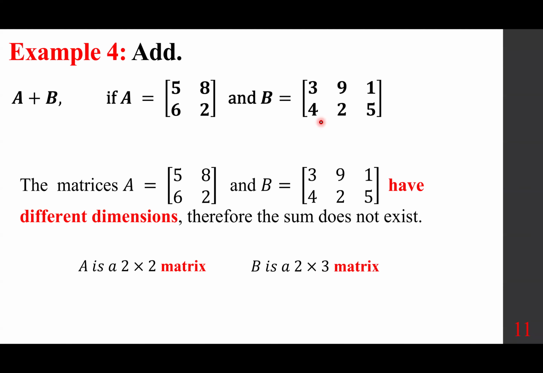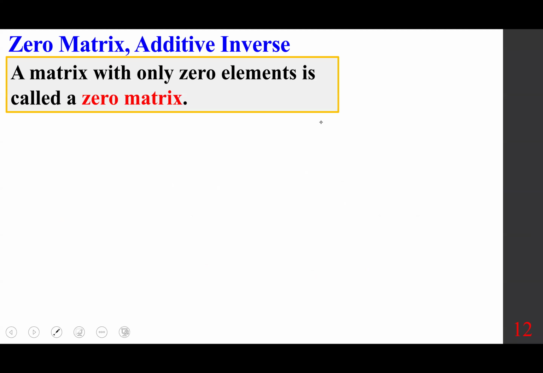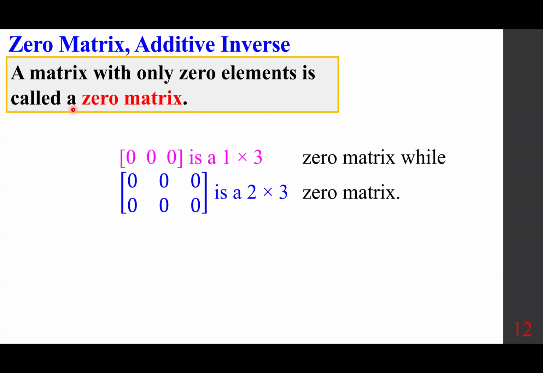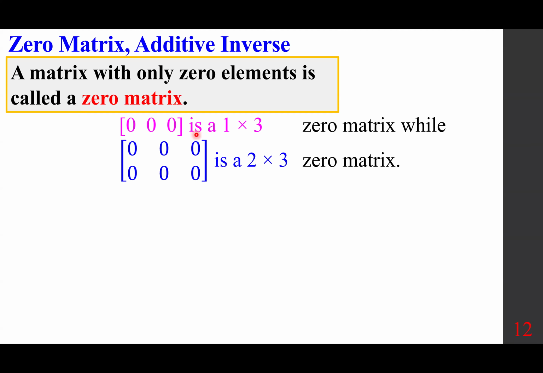Zero matrix, additive inverse. A matrix with only zero elements is called a zero matrix. Just like the number zero is the zero element of addition, there is a zero matrix. Every element of that matrix is zero. For example, this one is a 1 by 3 zero matrix. This one is a 2 by 3 zero matrix. Every element is zero.